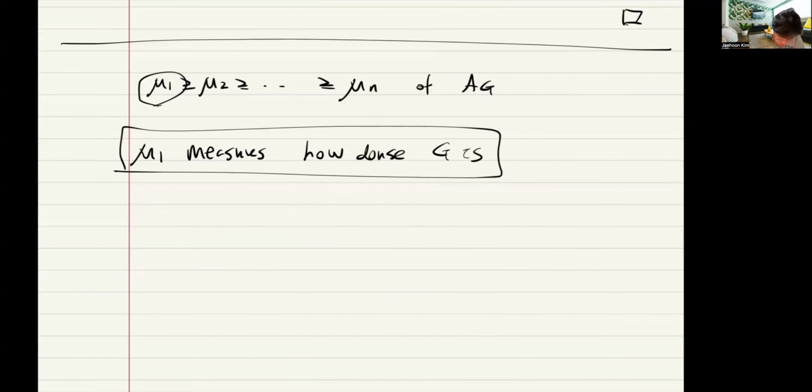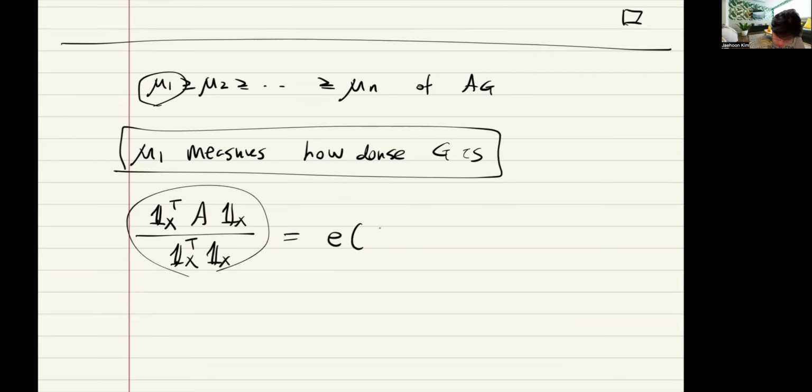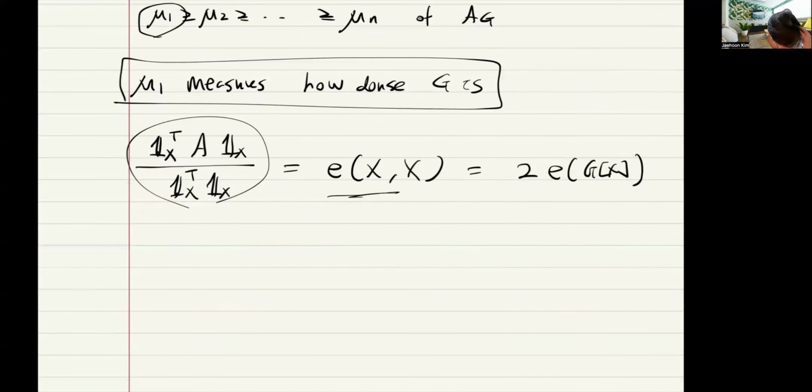So roughly, let's say you have X, this Rayleigh quotient gives the number of edges inside of X, which is twice the number of edges in the subgraph of X, because here everything is counted twice as we defined it last time. So technically, you have to write it this way.